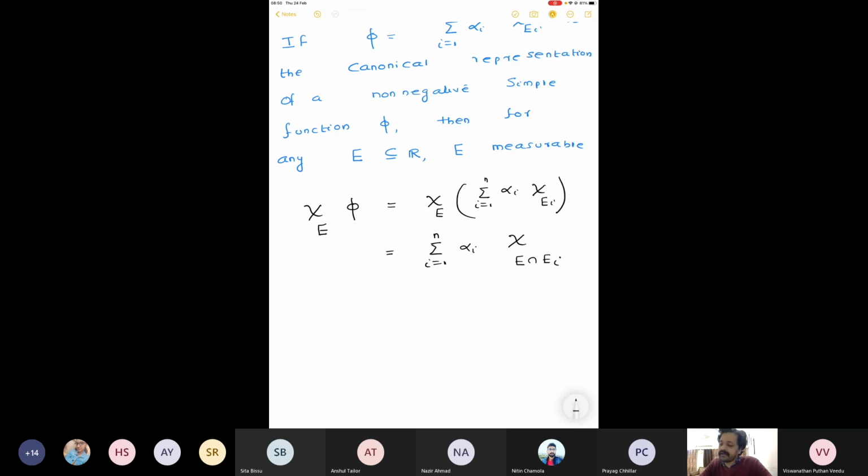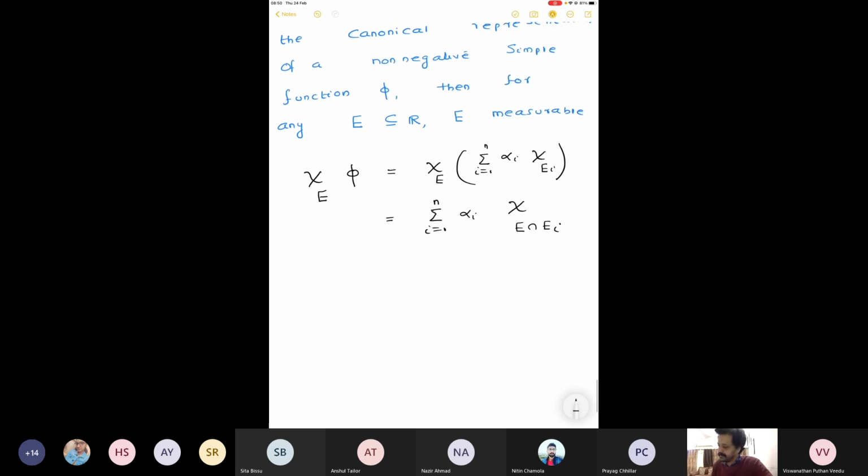And this will be the canonical representation of the new function chi E times phi. Those who are not able to get it now, please take your time and try to understand why chi E times phi is this. Either you can use the properties of the characteristic function I have listed, or you can apply the definition and see this equality. And further, you should convince yourself that it is the canonical representation of chi E times phi.